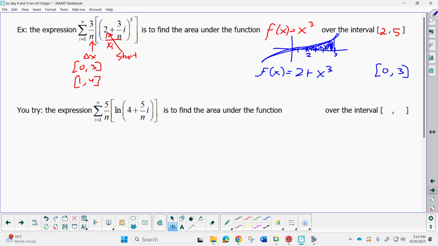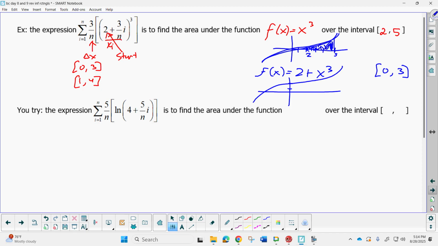Okay. Now, if I then graphed 2 plus x cubed, then it's shifted up, it looks like this.